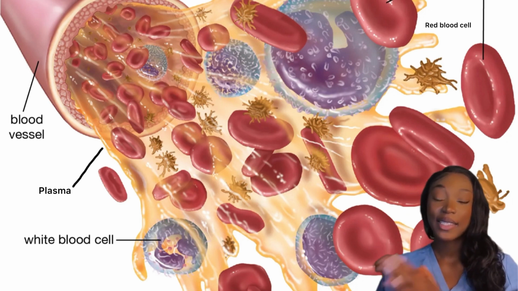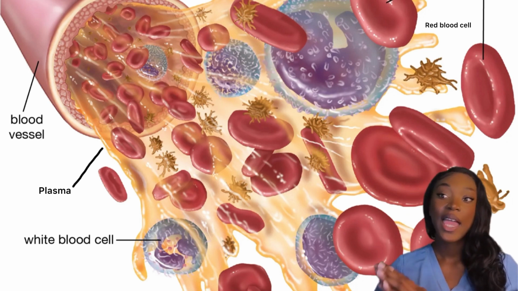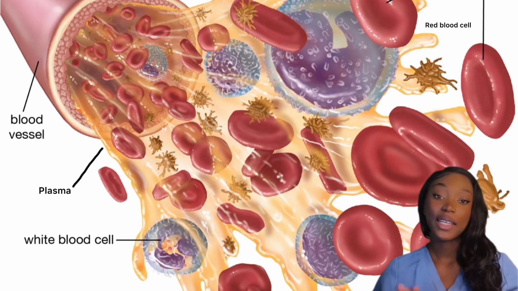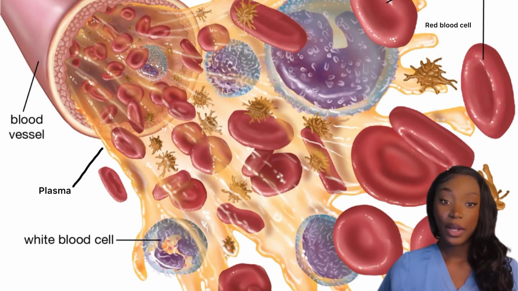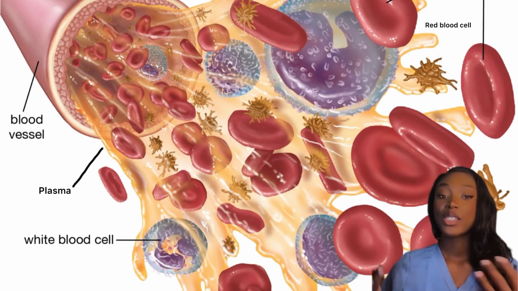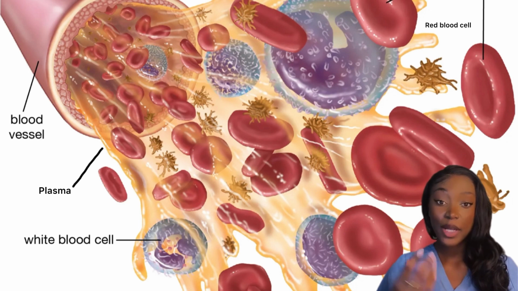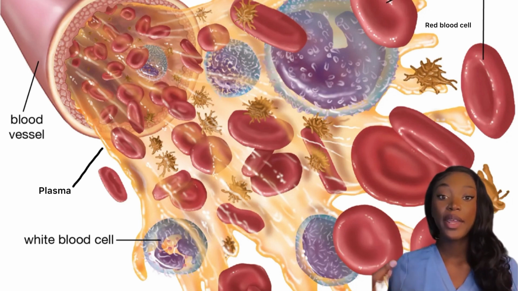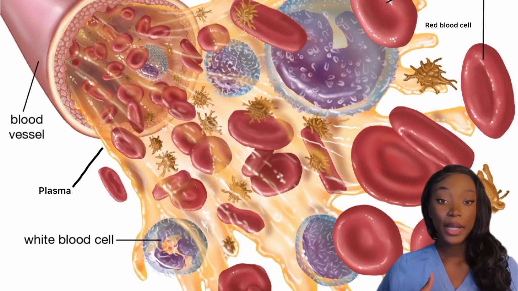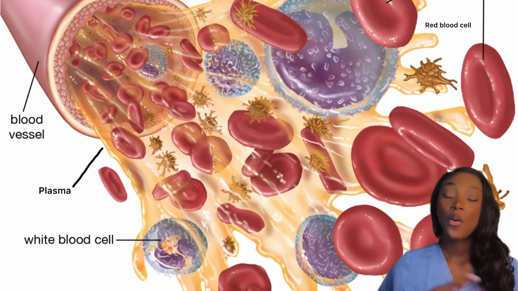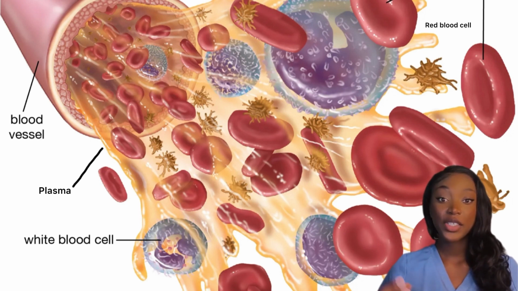The platelets help with blood clotting, and the plasma is the liquid component of the blood, and it carries blood cells and substances. So the blood is made up of the plasma, which is the liquid part of the blood, red blood cells that transport oxygen, white blood cells that fight infection, and the platelets that help with blood clotting.